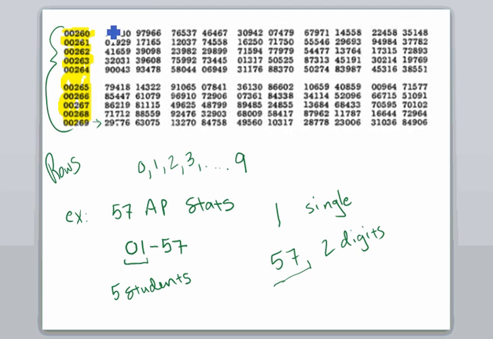My first number is 61. 61 is beyond 57, so there's nothing for me to do. My second number is 63. 63 is beyond 57, so there's nothing for me to do.